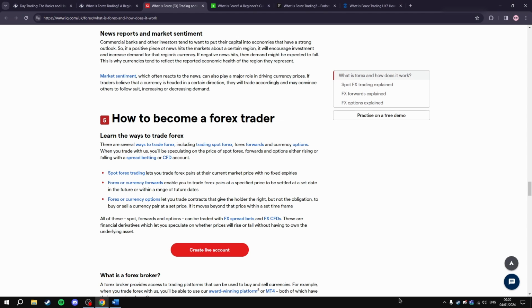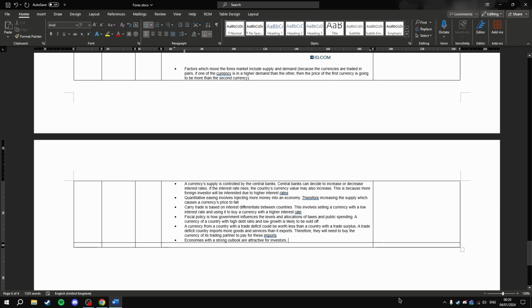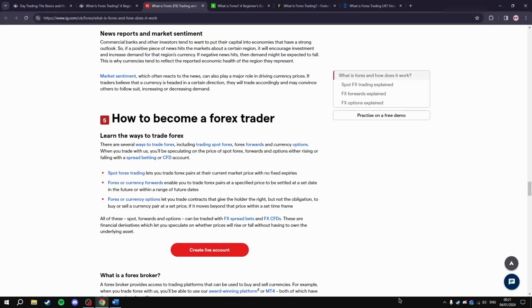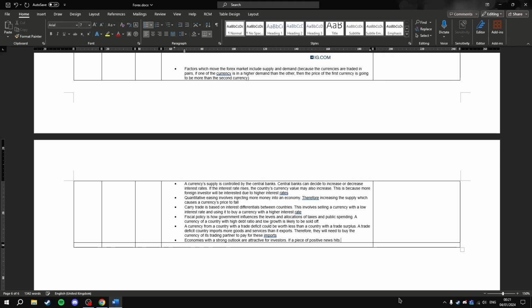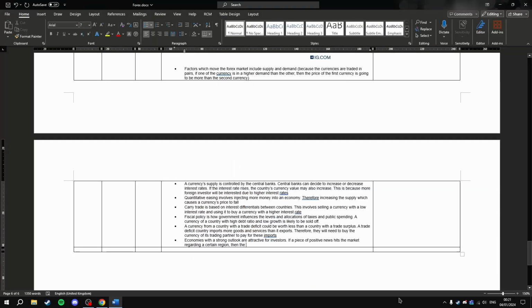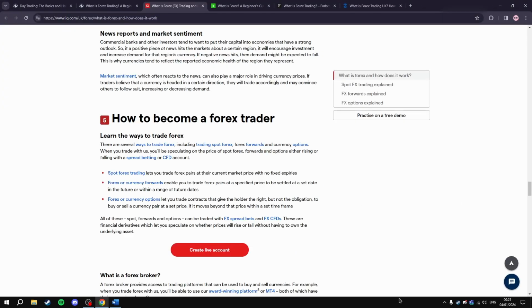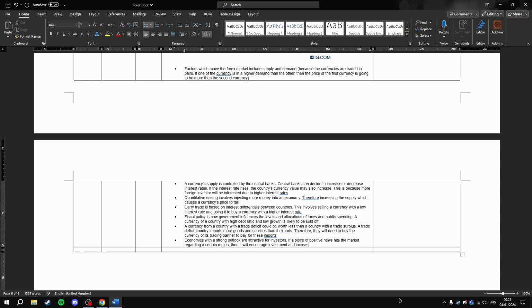So if a piece of positive news hits the market regarding a certain region, then it will encourage investment and increase demand for that region's currency.